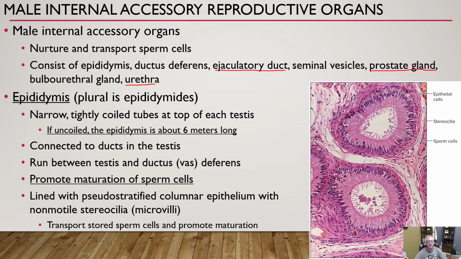It's lined with a pseudostratified columnar epithelium. Remember, pseudostratified columnar epithelium usually has microvilli on it, which in this case are non-motile stereocilia that help transport sperm cells into the vas deferens.